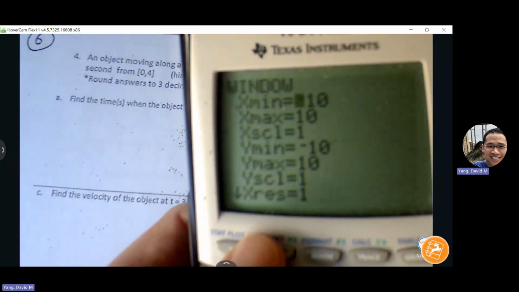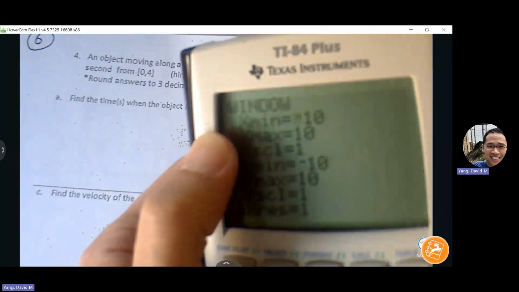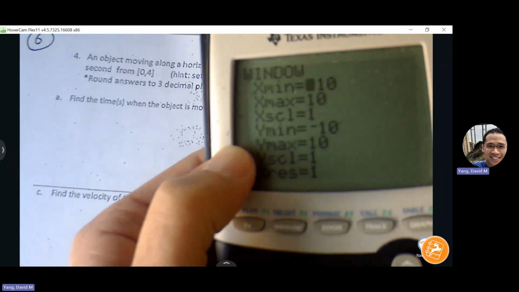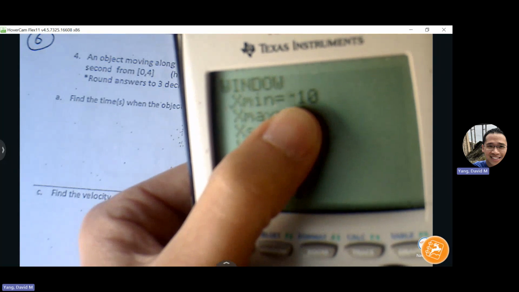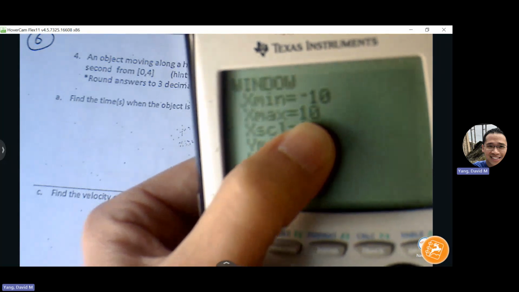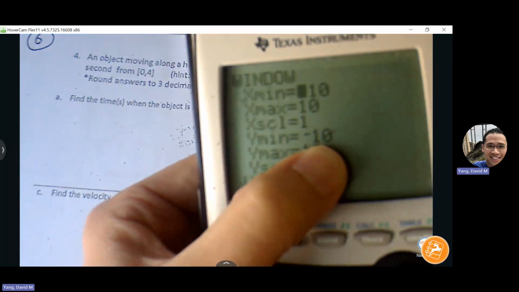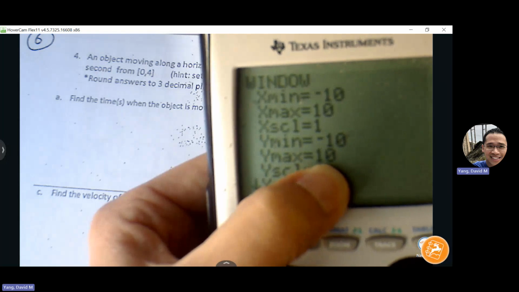These will set how far left and how far right you want the graph to see, and then how far up and how far down. So right now, it's showing as far left as -10 on the x-axis, as far right as +10 on the x-axis, as far down as -10 on the y-axis, and as far up as +10 on the y-axis.